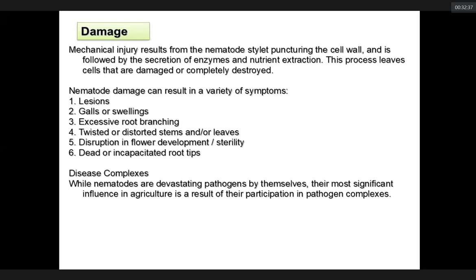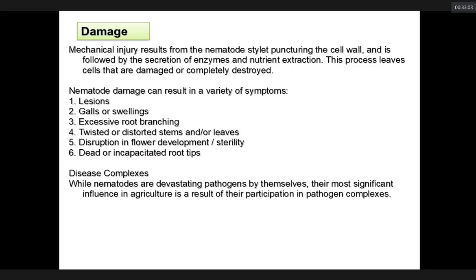You understand? The function of the salivary gland is to secrete the saliva containing a group of enzymes into the intestine as well as into the plant part after insertion. Okay, that saliva will contain a group of enzymes, or in this case we call them effectors.